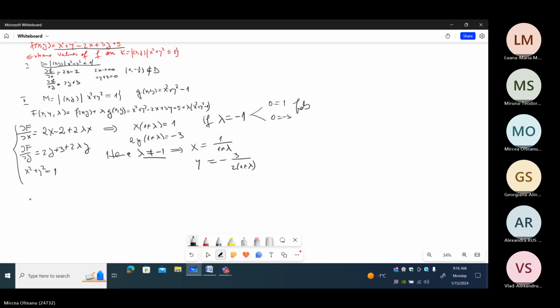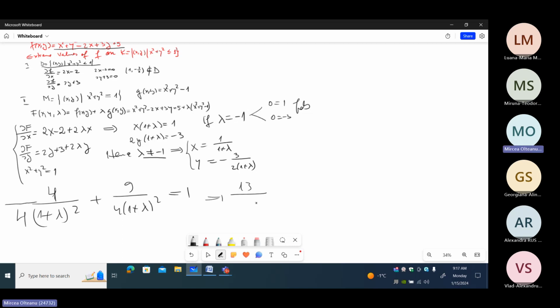So by replacing these values for x and y in the last equation, we get 1 over (1 plus lambda) squared plus 9 over 4 times (1 plus lambda) squared equals 1. If we consider the same denominator, we get that 13 over 4 times (1 plus lambda) squared equals 1.